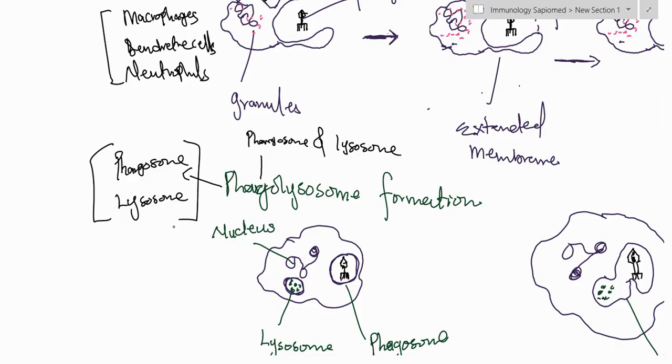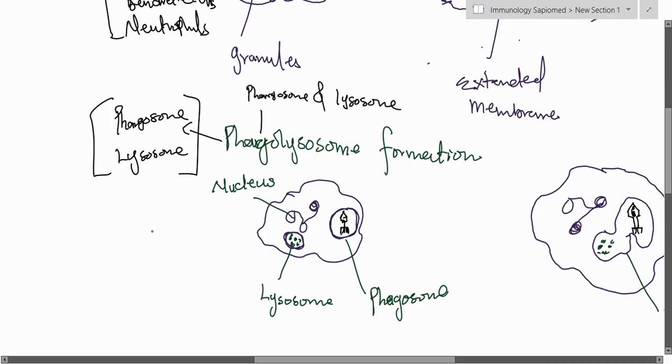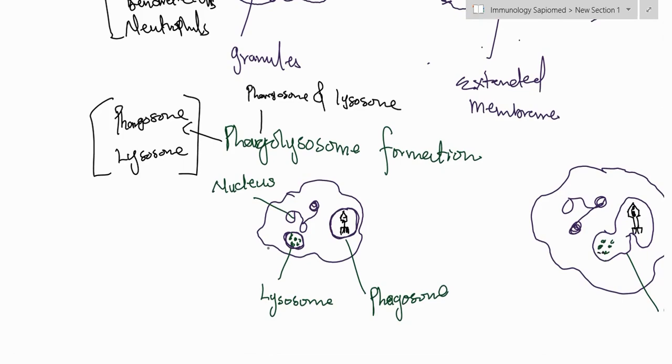So this is what happens. Every cell has a lysosome. The function of a lysosome in every cell is to initiate autolysis or autophagy, that is self-destruction or destruction of worn-out tissues or pathogens. So the lysosome contains hydrolytic enzymes, and these hydrolytic enzymes help in the digestion of pathogens and worn-out tissues or worn-out cells. So that is the function of the lysosome.